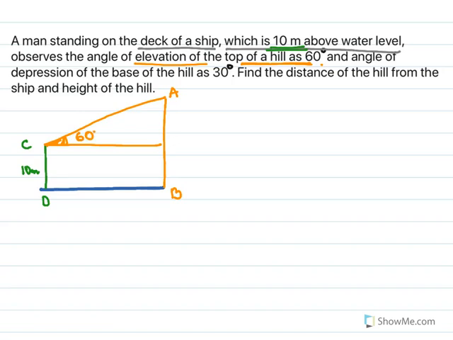And the angle of depression of the base of the hill is 30. Now which is the base of the hill? Here is the base of the hill. This point B is the base of the hill. The point A was the top of the hill.